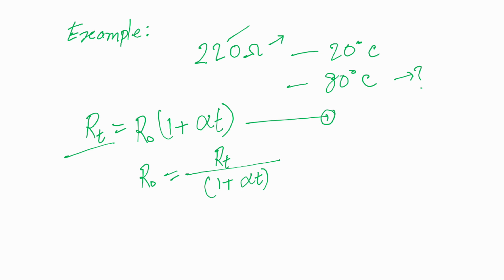Suppose the temperature coefficient of this resistor is 0.0005 per degree Celsius.